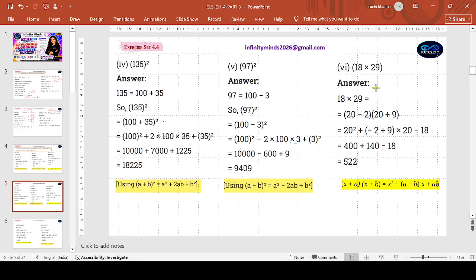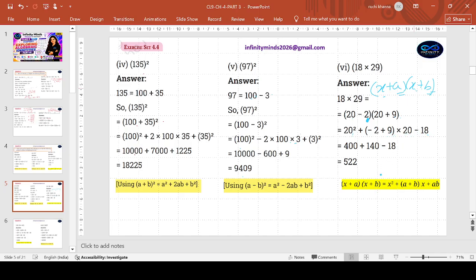So this becomes your x. Whether it's a minus or a plus, minus is always adjusted accordingly. But it's about x plus a into x plus b. What are we trying to say? That there is a term x that repeats and the rest of them are different. So what happens is the repeating number square, x square, and then a and b are added, that is minus 2 added to 9, which is 7, into the value of x, added to the product, minus 2 into plus 9, that's minus 18.